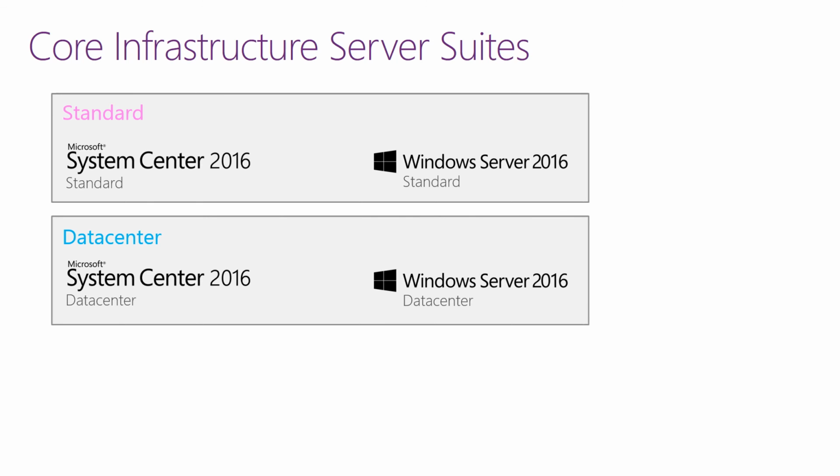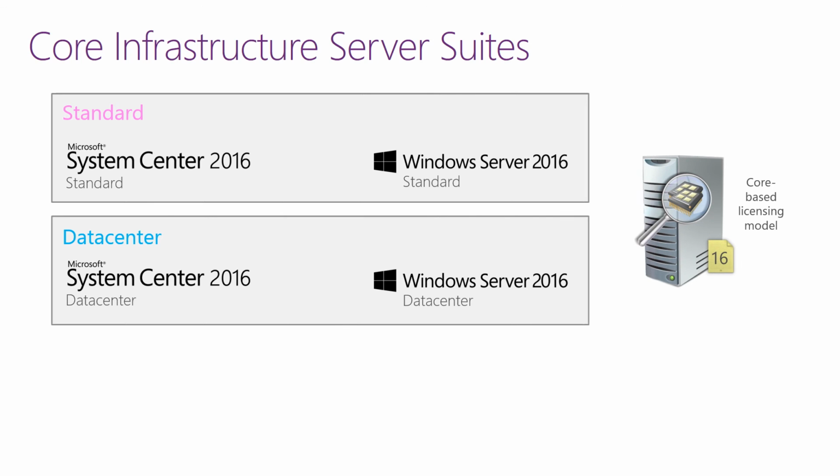We saw through this session how the licensing model for these products is identical, and this follows through to the suites, where again the model is based on the number of cores in the server hardware. And if the core infrastructure server suites are used in a virtualized infrastructure, then the same virtualization rules apply too, with data center licenses allowing unlimited virtual machines when the physical server is completely licensed, and standard licenses covering 2 virtual machines.